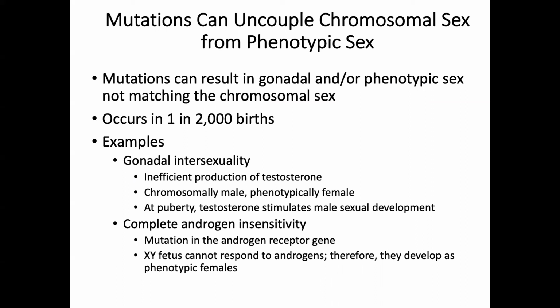If the androgen receptor gene has a mutation and loses its function, for example, if the androgen receptor cannot bind to testosterone, then even in the presence of testosterone, cells of the embryo do not respond to it. As a result, development proceeds in the default pathway, which is what? Female, right?